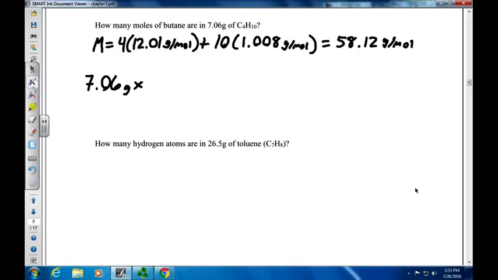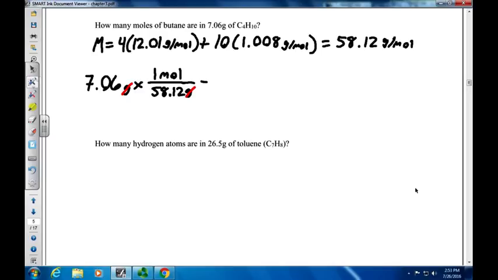In this case, we want the moles on top. So 1 mole of butane has 58.12 grams. And you'll note that grams and grams cancel each other out, and we're left with moles, which is exactly what we wanted.